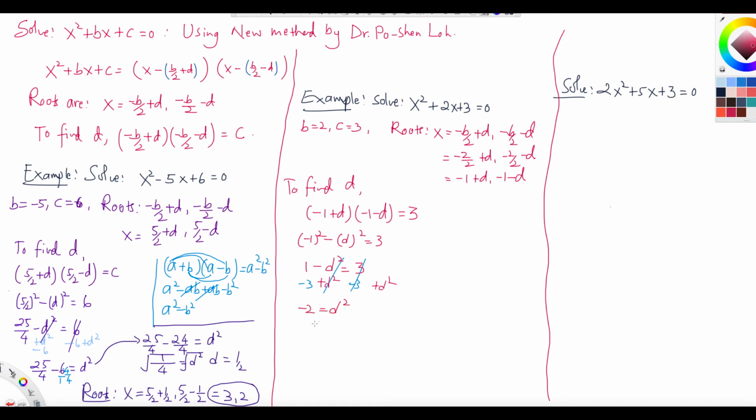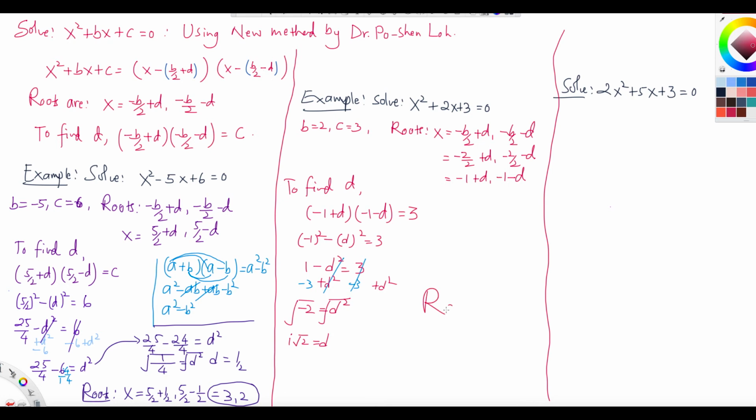So what is d? You need to take the square root. When you take the square root, if there is a negative sign, you write i outside, right? So you write i root 2. For that negative sign, you write i outside and just remove that negative sign, and the root 2 is left, equals d.